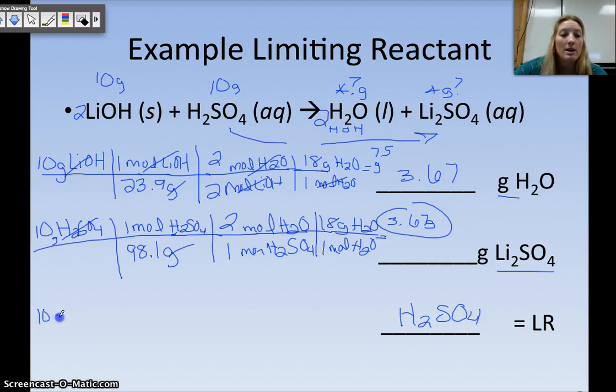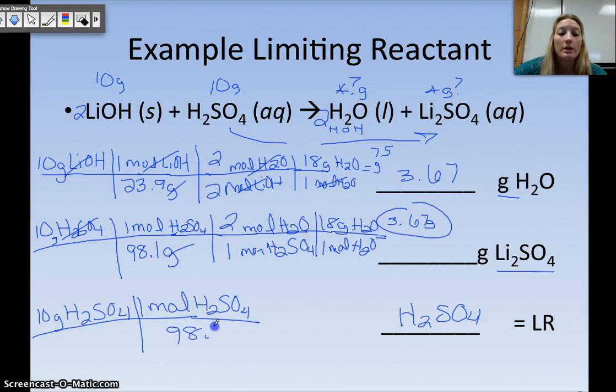So same way, 10 grams of H2SO4, 1 mole of H2SO4 is 98.1 grams, and our mole-to-mole ratio, we have 1 mole of H2SO4 to 1 mole of Li2SO4. So 1 mole H2SO4 to 1 mole of Li2SO4.